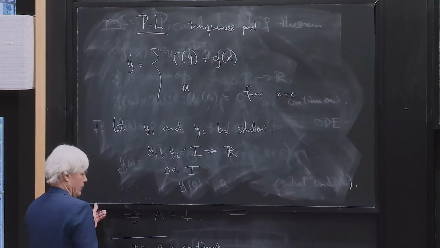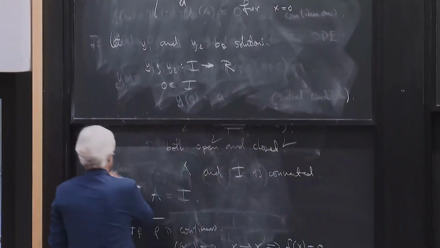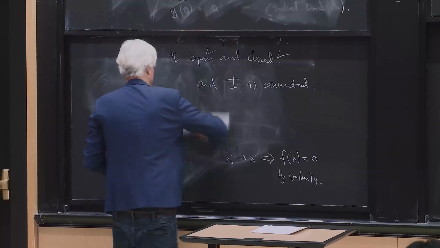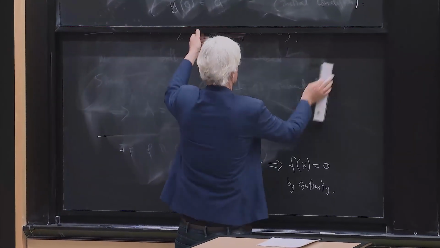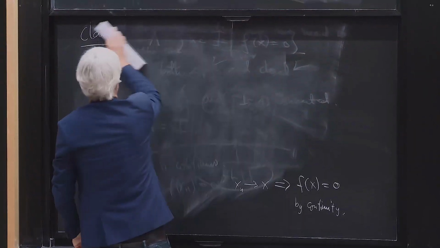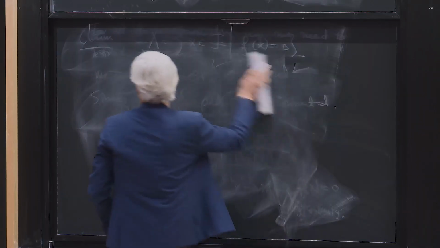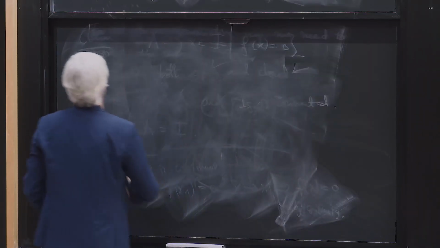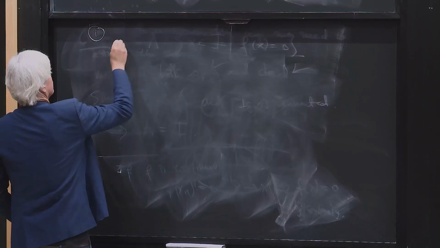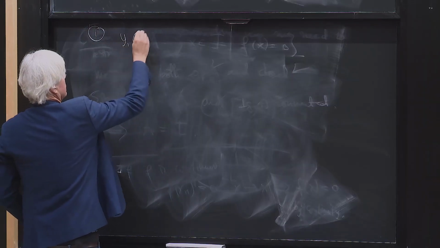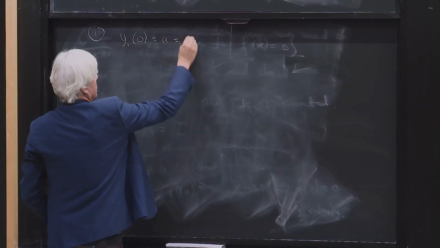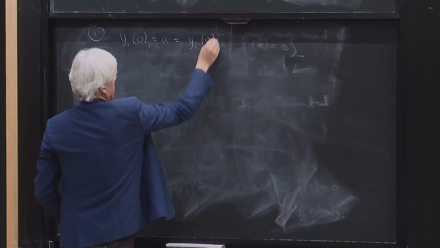Well, then what do we have? We have an interval, and we have two continuous functions. They're actually better than continuous: they're differentiable, and even the derivative is continuous, but never mind that. We have that y1 of 0 is equal to a, and that's equal to y2 of 0.